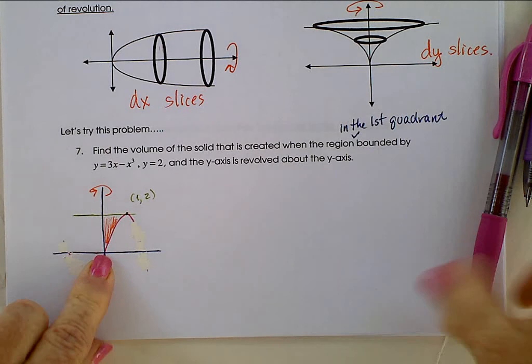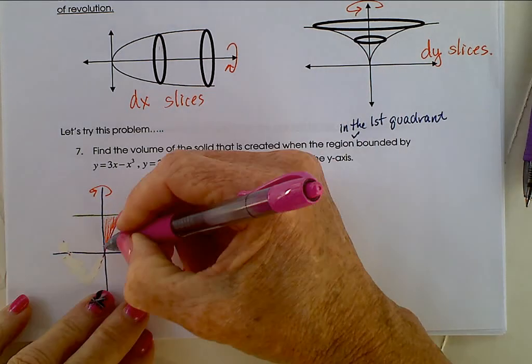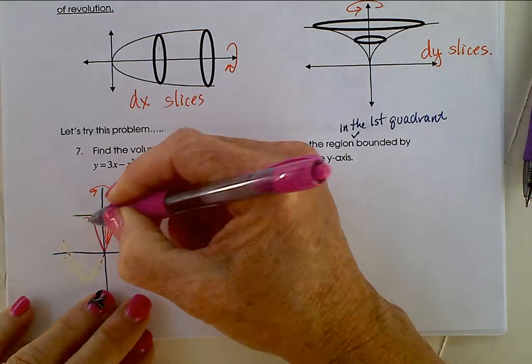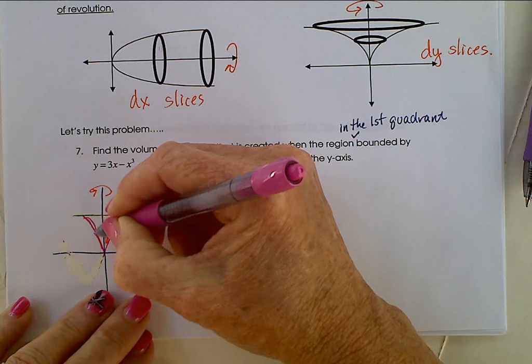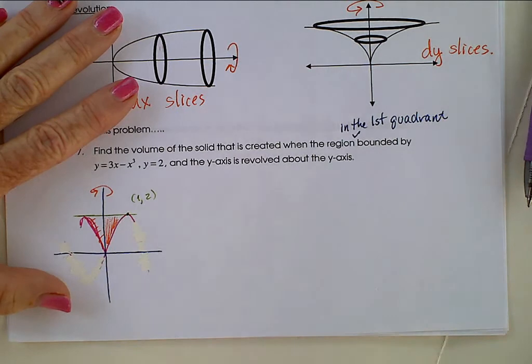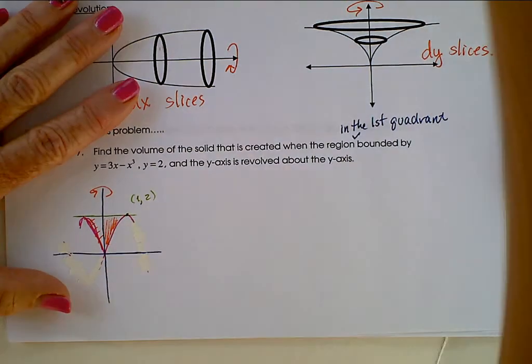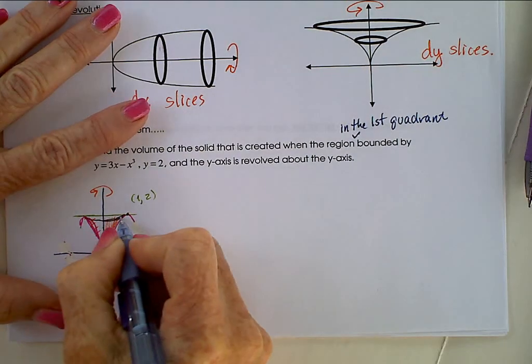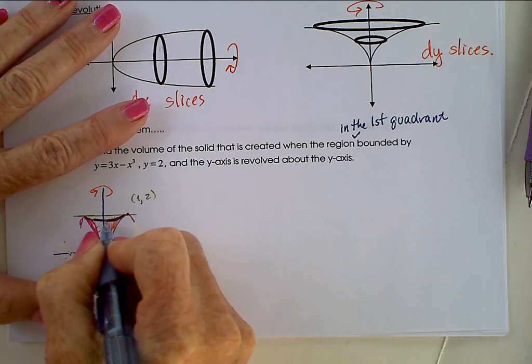When we spin that around the y-axis, we get this piece over here, and we have a funnel going on.